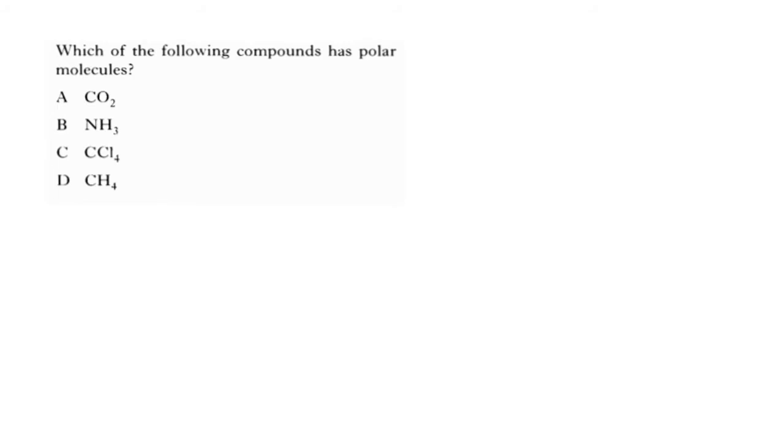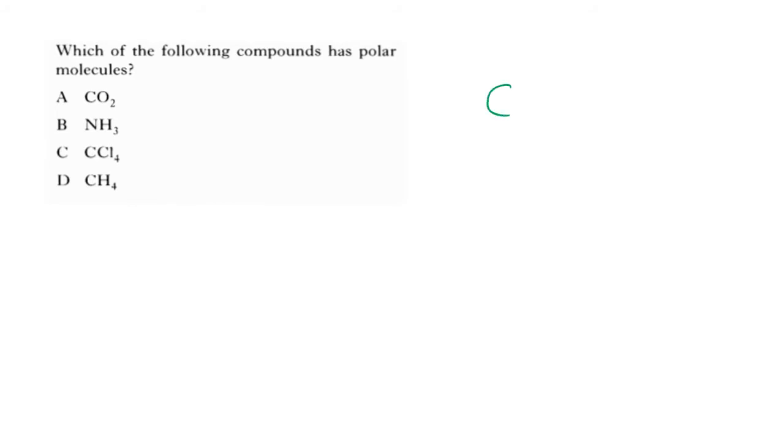This one does require you to have a bit of knowledge from Nat5 to do with the shapes of molecules, because remember, in order for a compound to be polar, it needs to contain polar bonds and it needs to be asymmetric in shape. So I'll draw out the shapes of all these molecules.